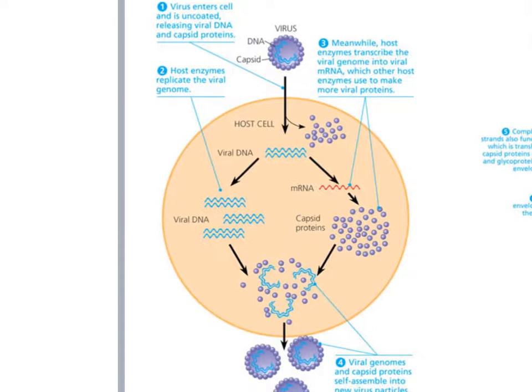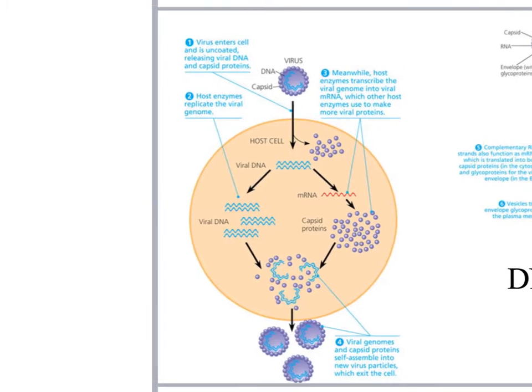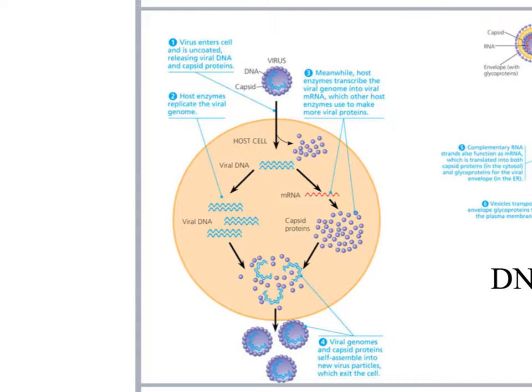So it is by steps. The first step here says the virus enters the cell and is uncoated, releasing the viral DNA and the capsid proteins. First of all, I have to tell you what a capsid is.